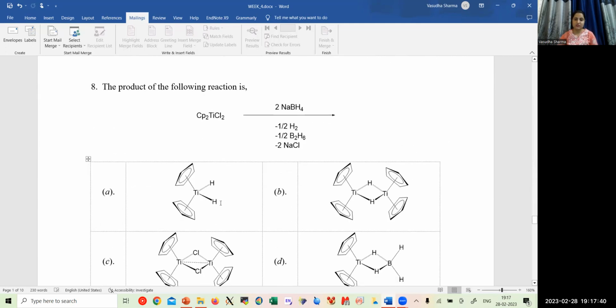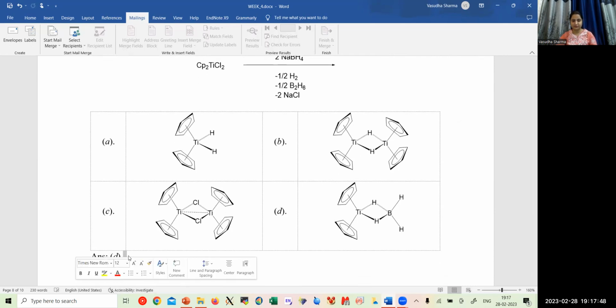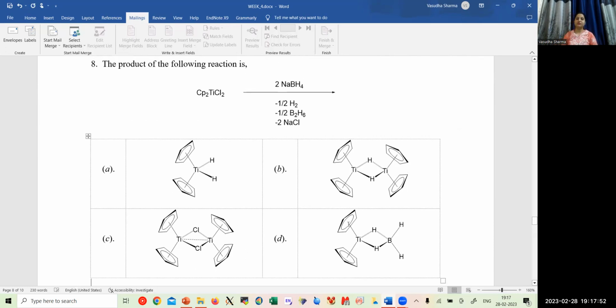So now moving towards another interesting reaction, where we need to find out the product of the following reaction, as we have already discussed.